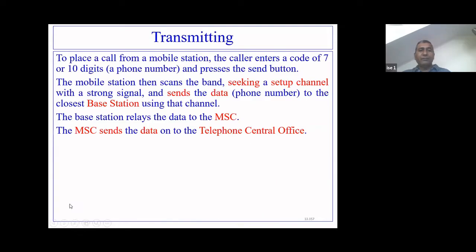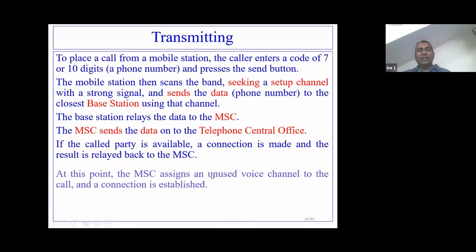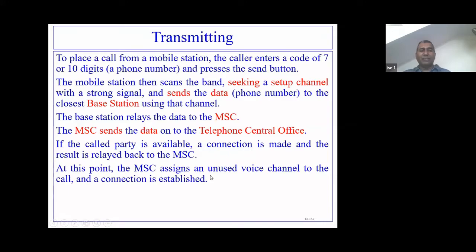So this is how the entire communication goes. Now this is what will happen. The base station relays it to the MSC. The MSC sends the data to the telephone central office, and if the called party is available, the connection is made, and the result is relayed back to the MSC.